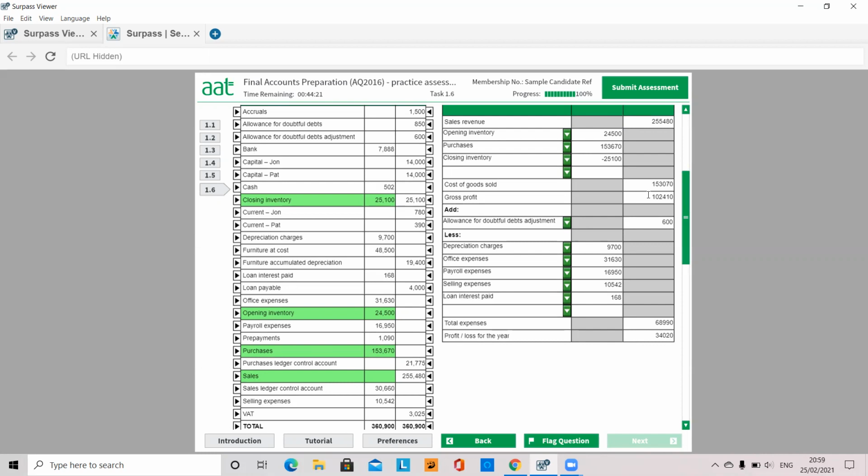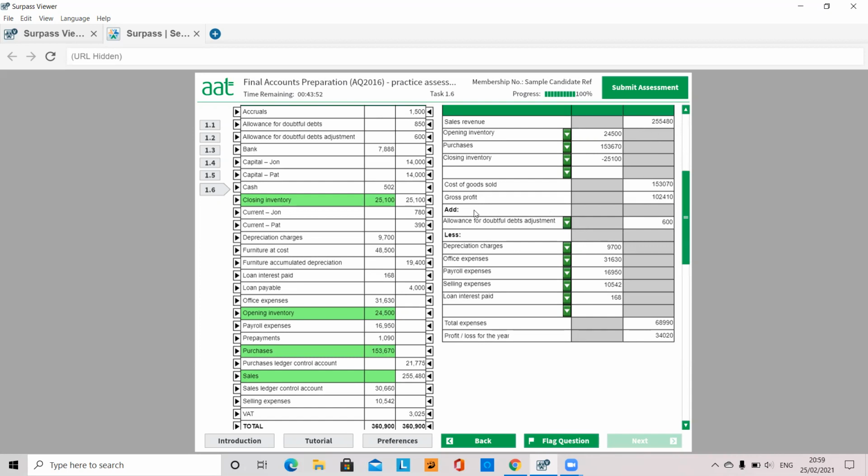Good for you to know that for future reference. A gross profit margin of 40% means we're making 40 pence in the pound. I usually say to students, if I sell you a bottle of wine for £10, how much have I made? 40% of £10, so I'm making £4, yeah? I can't help but do that, forgive me. So sales minus cost of sales equals gross profit.